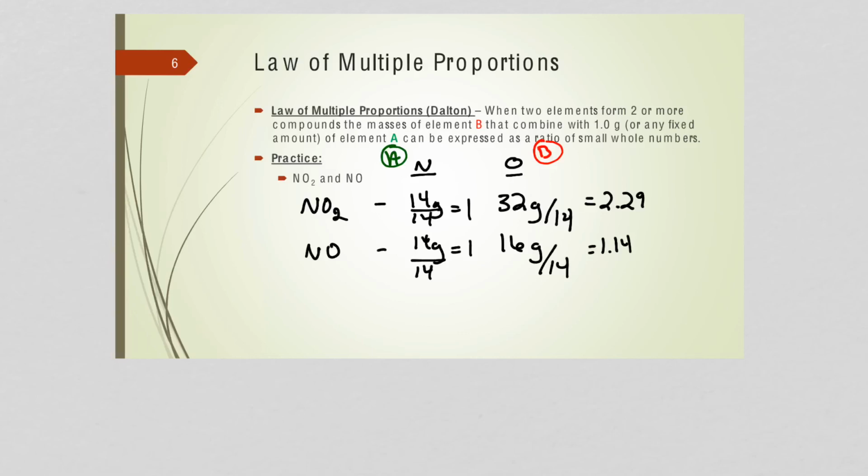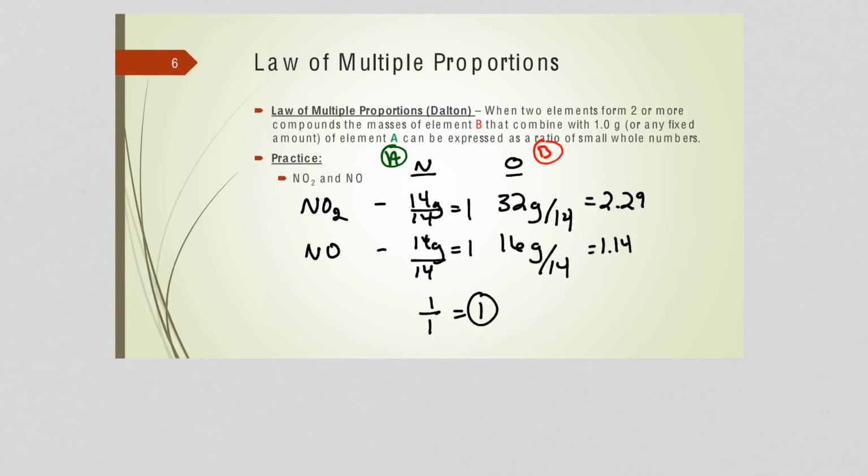So if we look at the ratios, the ratio of nitrogen is 1 divided by 1 equals 1.